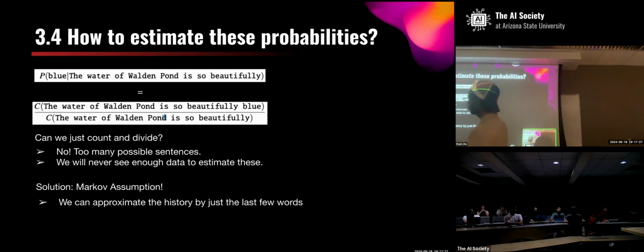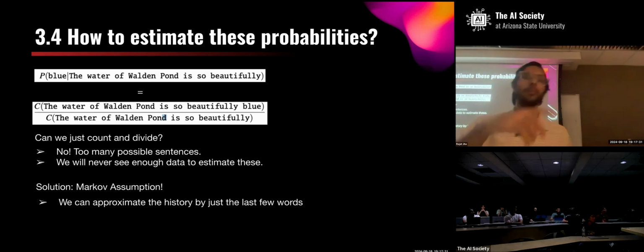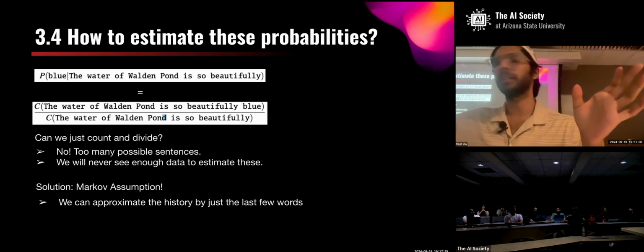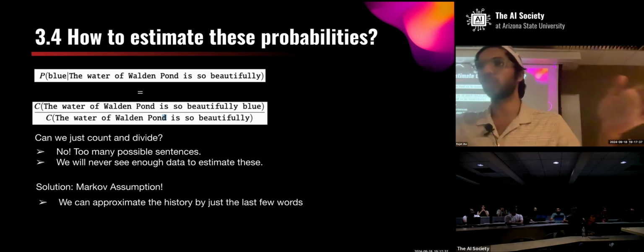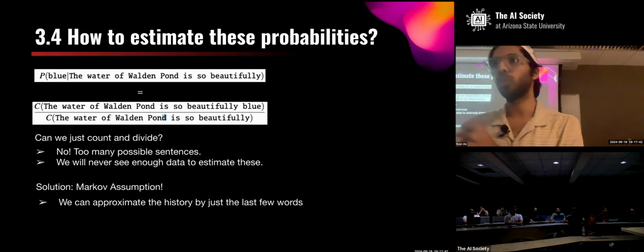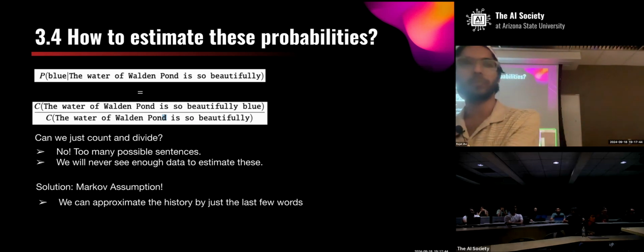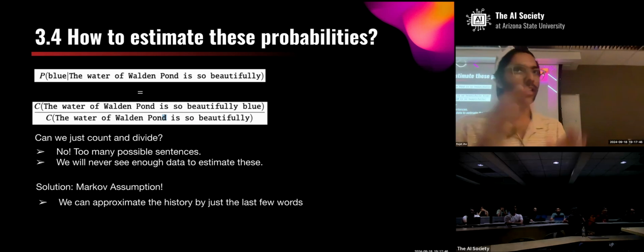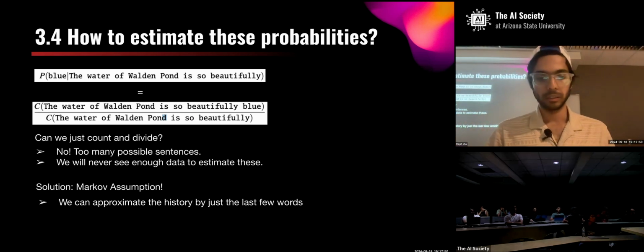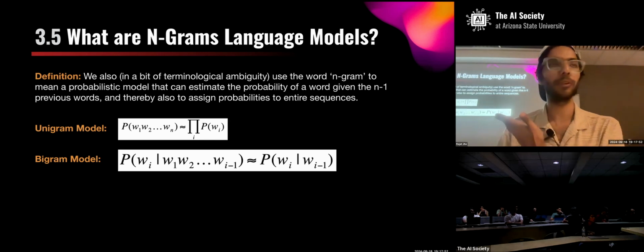So instead of calculating probability of wn given w1 till wn minus 1, you can take just the last 2-3 words, and it will be approximately equal to the actual probability. That is the intuition of n-grams.